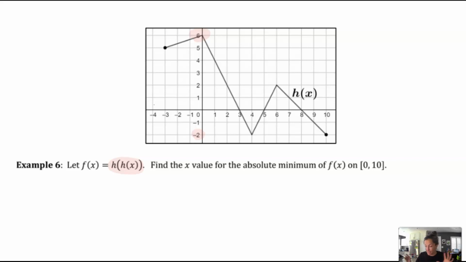So anything I land on in my inside function of h of x is still going to be available as an input for h of x again. So that's me being a little bit pedantic, but I wanted to verify we weren't in trouble because we didn't have that negative infinity to infinity we typically have been looking at, where we didn't have to worry about that domain restriction impacting the inside function and then impacting the outside function.